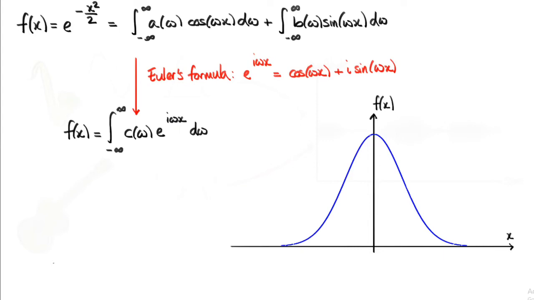And because there's a symmetry between a function and its Fourier transform, we can invert this formula to get an expression for c of omega in terms of an integral involving f of x. That is, c of omega equals 1 over 2 pi multiplied by an integral from minus infinity to infinity of f of x times e to the minus i omega x. And now we're integrating over the variable x rather than the variable omega.